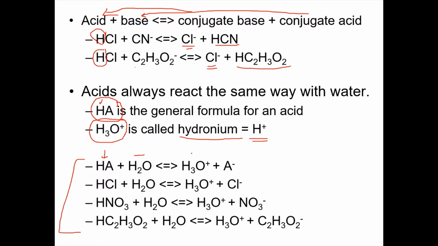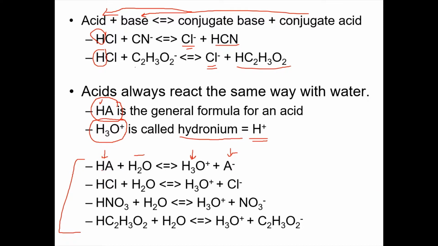There's your hydronium. And this A- represents the conjugate base. So basically, the hydrogen fell off of the acid and went onto the H2O, forming H3O+ and the conjugate base. That's the general formula, what happens when an acid is put into water.